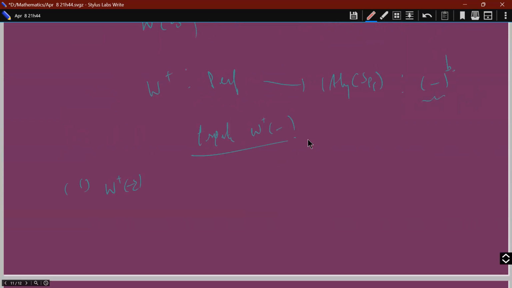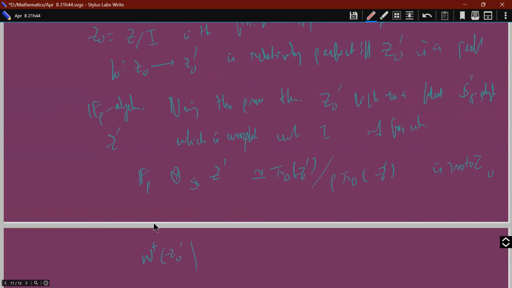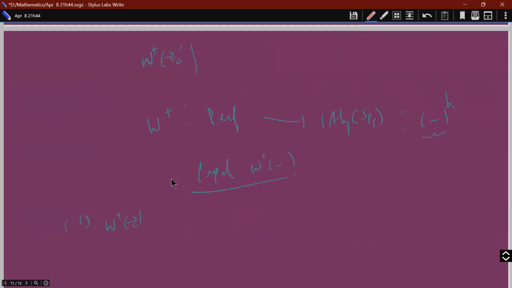So now, instead of this, I'm just taking an arbitrary perfect F_p algebra Z, periodically complete. Well, I'll explain what that is.